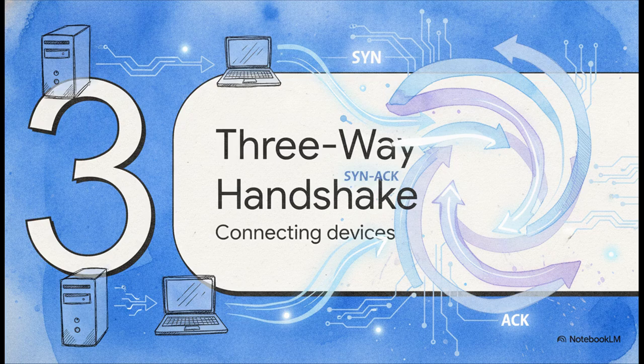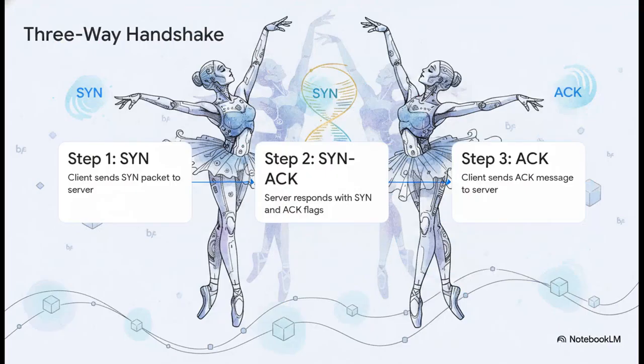Section 3. The three-way handshake, connecting devices. All right, this is where we shift from static data to dynamic action. It's that mechanical ballet where two computers actually meet. Step 1. Your client sends a SYN, or synchronized, packet. Think of it as a polite tap on the shoulder saying, "Hi, let's talk. Here is my starting sequence number." Then, step 2.